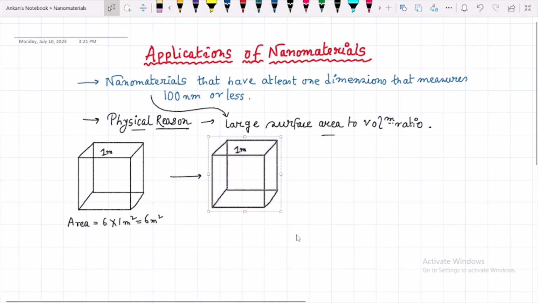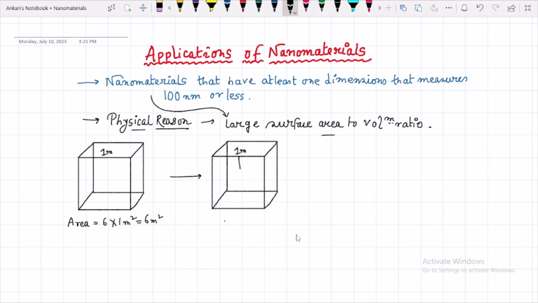Let us divide the bulk material by these fragments, like this, like this, as well as like this.